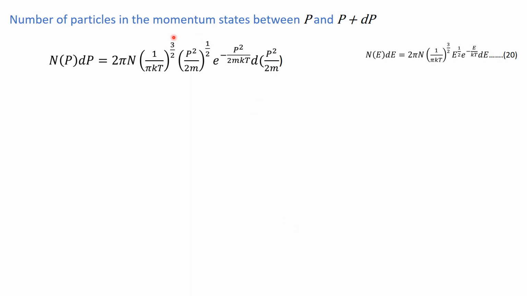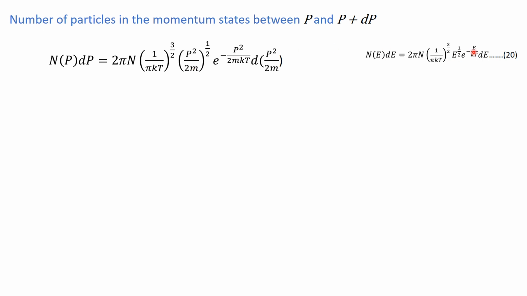Now, the number of particles in the momentum state that lie between P and P plus dP is given by this one. You know that n(E)dE is equal to n(P)dP, and for n(E)dE we have this relation on the previous slide. So you just put E in terms of P, where E is equal to P square by 2m.